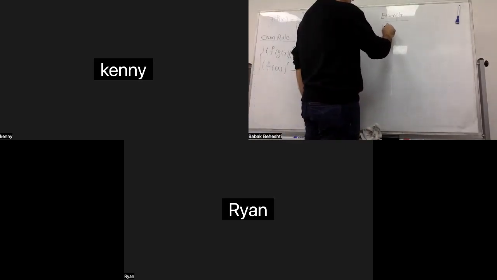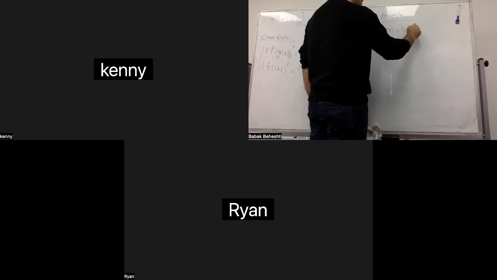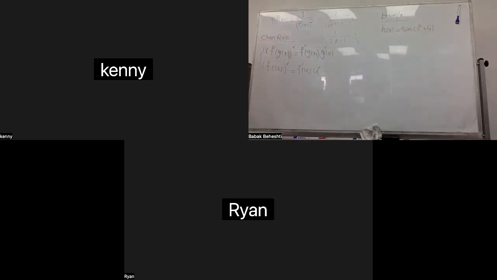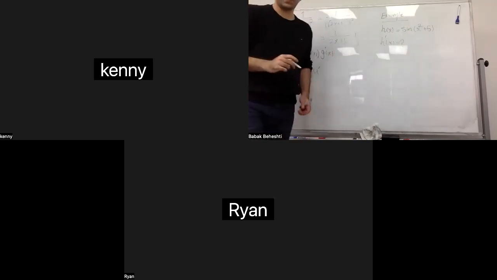I have this function h of x equal to, for example, sine of x squared plus 5. The question is, compute the derivative. What is h prime of x?